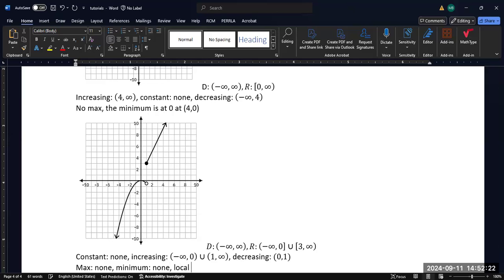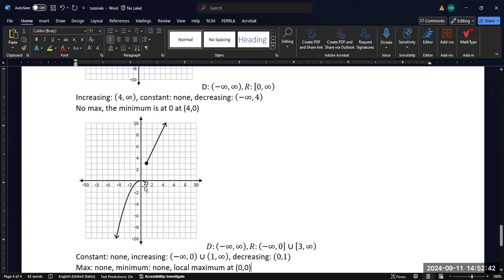Now there is a local maximum at the point 0, 0 on the bottom section of the graph, but it is not the global maximum of the graph. Now, the fact that it's local might be important, so it's worth identifying that.